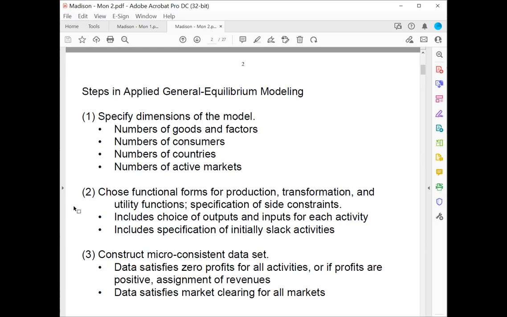So we can have monopoly with positive profits, but those have to be assigned to some agent in the model. And then secondly, data satisfies market clearing for all markets. So a micro-consistent data set is basically saying, this is a set of numbers that could be generated as an equilibrium by some model.